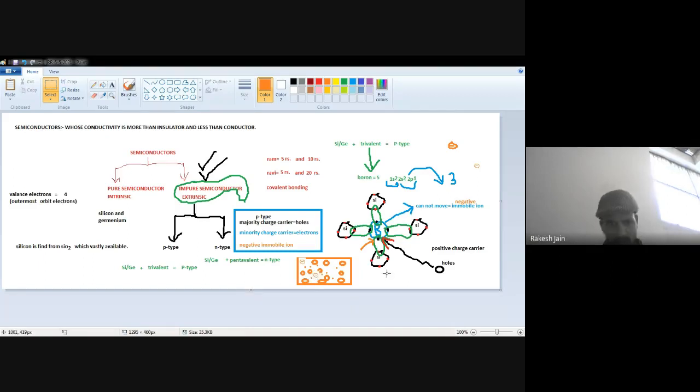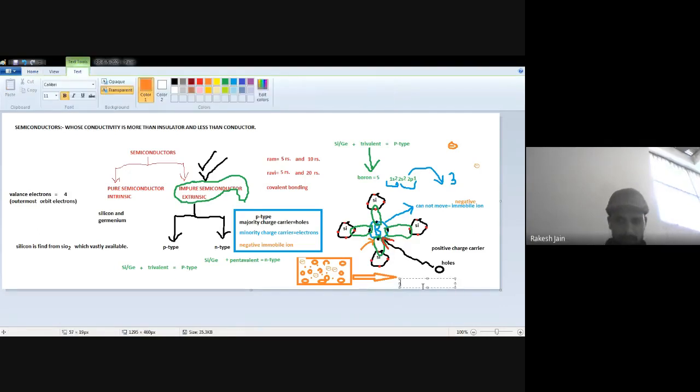So there are a larger number of holes, a smaller number of electrons, and very few negative immobile ions. So this is now the representation of a p-type semiconductor. This is your p-type semiconductor. Now the p-type semiconductor is completed. How can we make this p-type semiconductor?